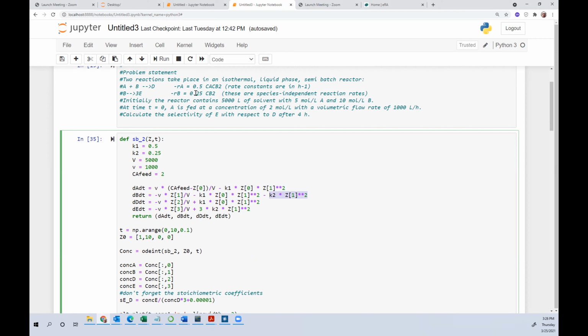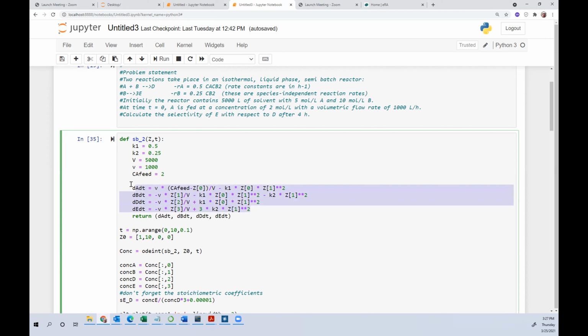For D, it's only being made in the first reaction, so it's plus K1 CA CB squared, with the same minus V CD over V. And for E, it's minus V CE over V plus, in this case, 3 K2 CB squared.